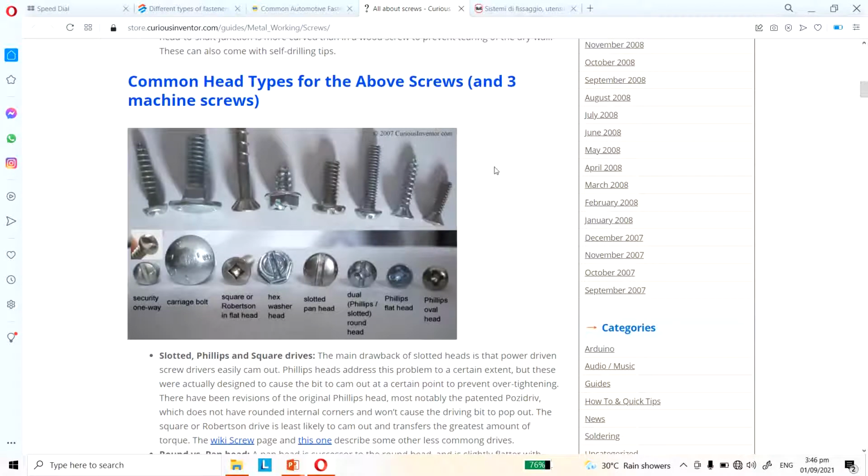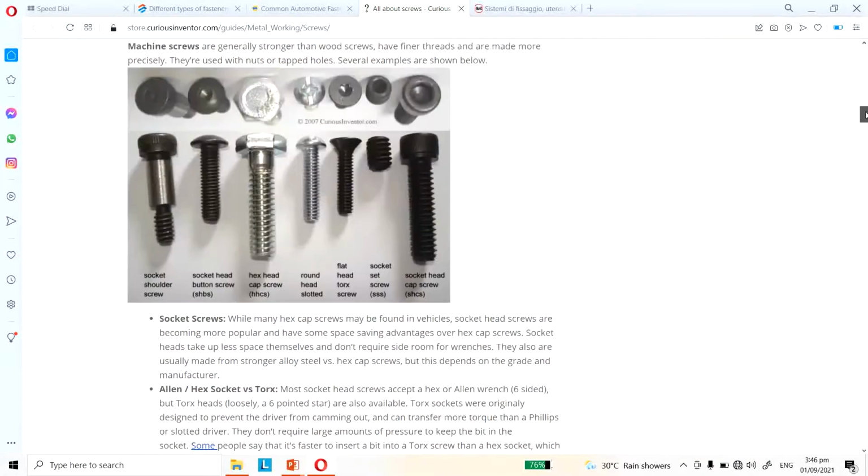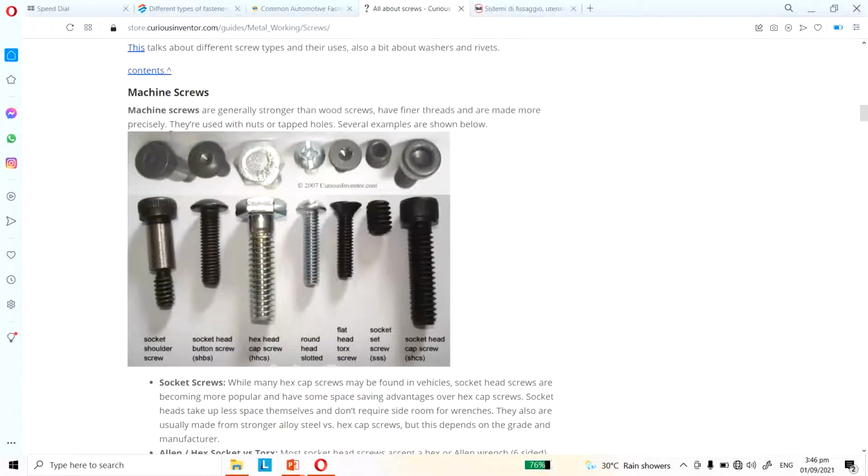Another one is that there are a lot of head types. Like this one, we have a hex washer head, or this slotted pan, or Phillips, the plus sign, or it can have a Phillips plus a flat head. Okay, and what else? For machine screws, this is what I was referring to.